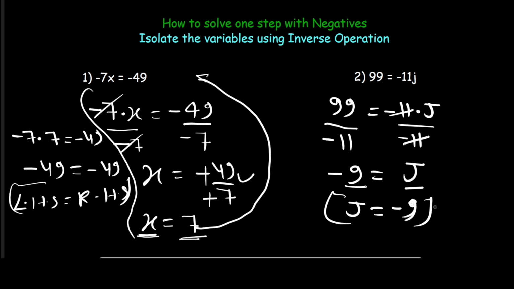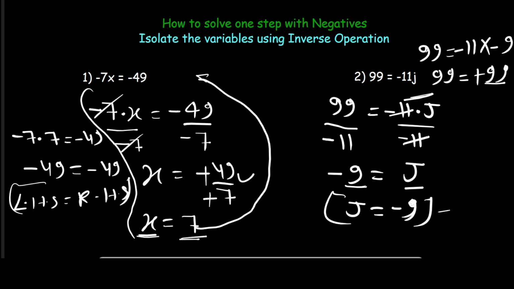If we want to verify whether our answer is correct or not, we have to plug this minus 9 into the initial equation. So let's do it. 99 equals minus 11 times j, which means minus 9. So 99 equals minus times minus gives us positive, so 11 times 9 gives us 99.